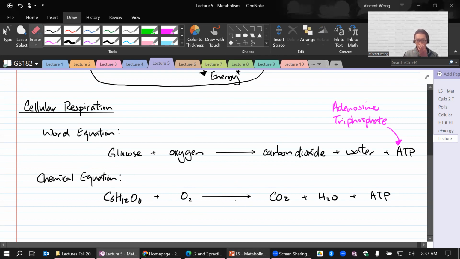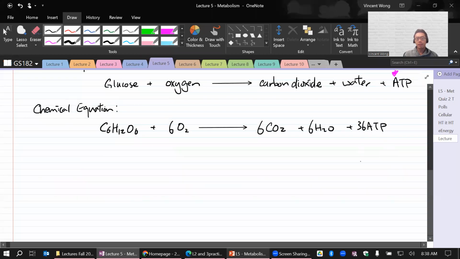So we're going to balance the equation. Right? We start with one glucose molecule, and we're going to react it with 6 oxygen, which we need to breathe in. We will be exhaling 6 carbon dioxide molecules and 6 water molecules. And under ideal conditions, we will be able to produce up to 36 ATP.